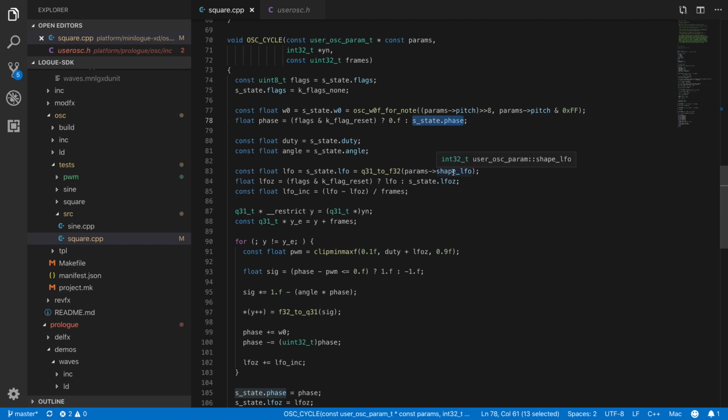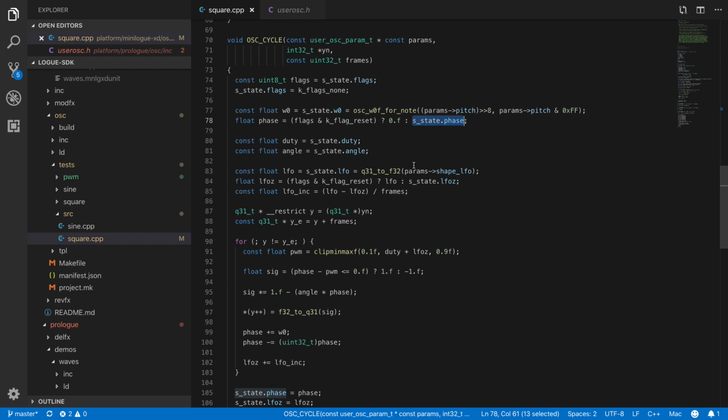You can configure this in the menu of the synthesizer if you want to modulate the shape of the multi-engine with the LFO. And if that's the case, this is the value of the LFO that is going to get passed to us.